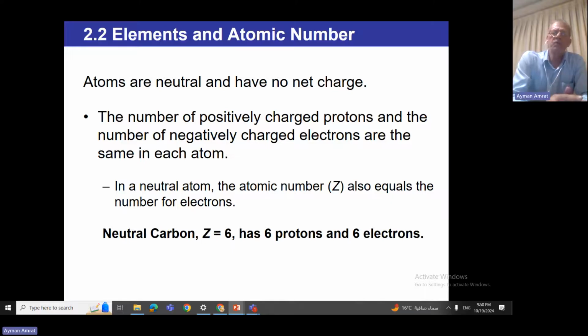In this case, the number of protons should equal the number of electrons: the number of positively charged protons equals the number of negatively charged electrons. For example, carbon contains 6 protons, so it should contain 6 electrons to be uncharged, to be neutral.